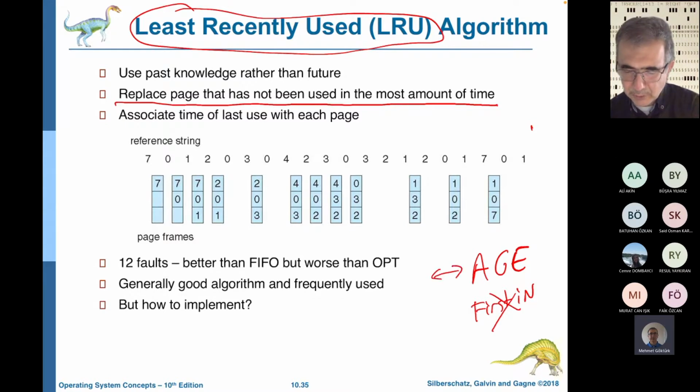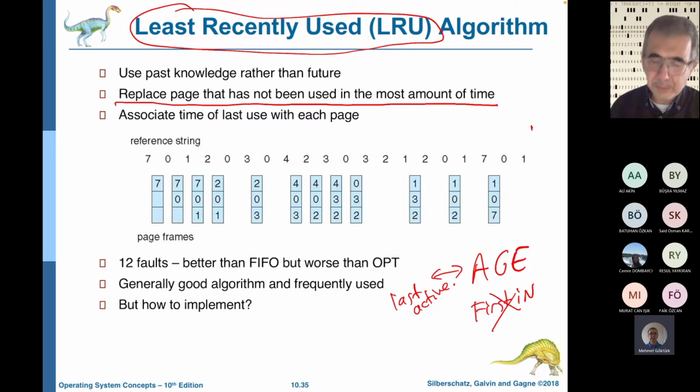It is related to last activity. So if it was an early comer but active lately, then we consider it as new. So we will discard old ones. That means they may have come later, but we haven't been using them for quite some time compared to others.